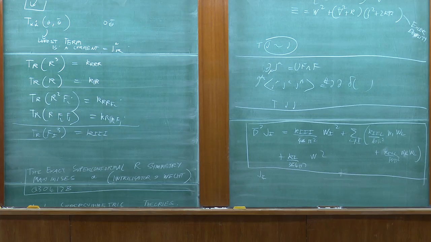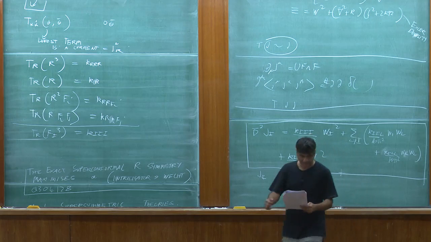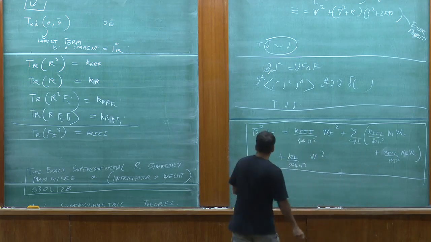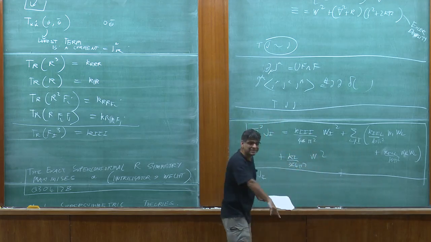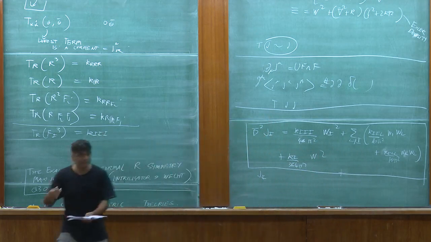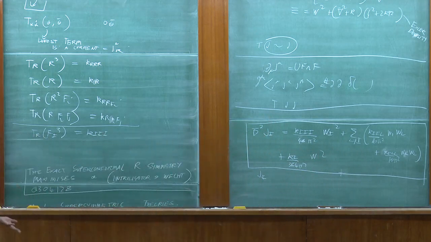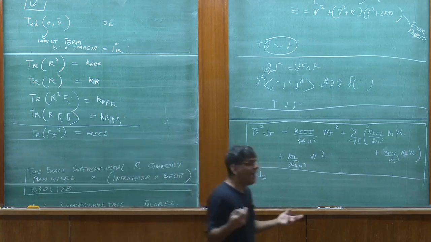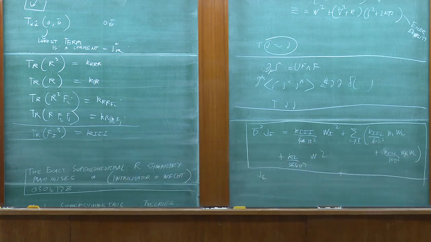So this is the multiplet that includes both that fermionic symmetry current as well as the bosonic symmetry current. Excellent. So this is the structure of the divergence that you get from the multiplet of the ordinary flavor symmetry.